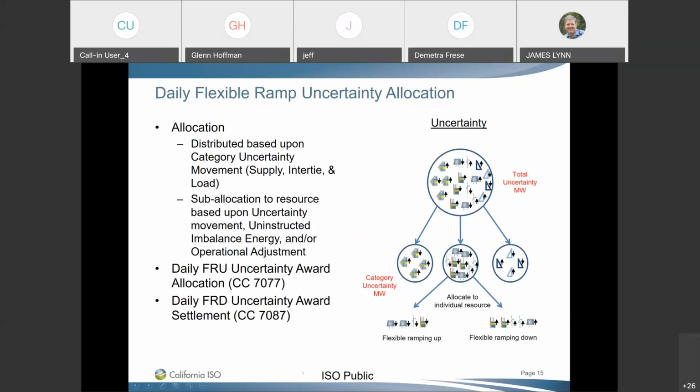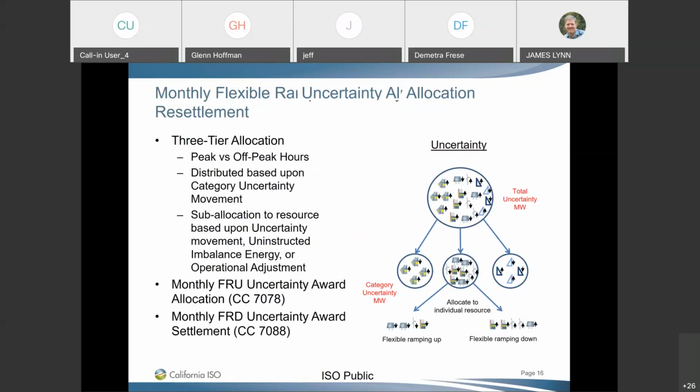Now, as part of this, we carried over something from the original flexible ramp product, and that is the monthly resettlement. That's why I call it the third tier allocation.